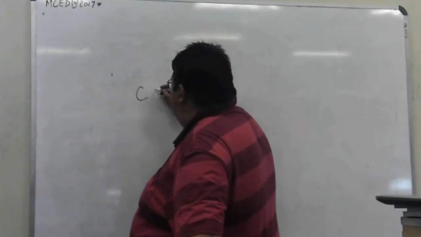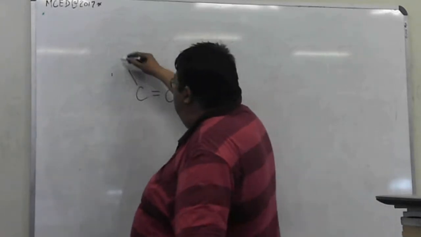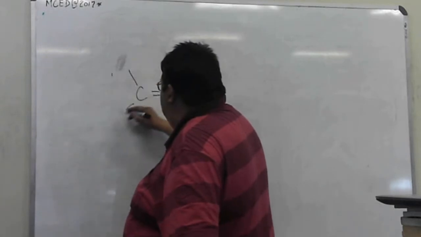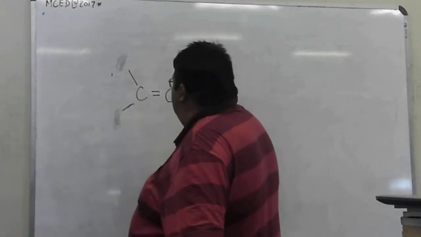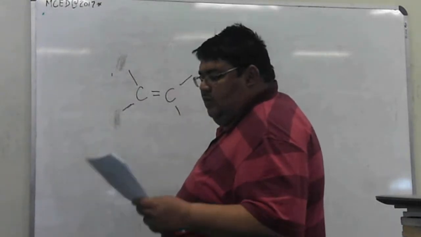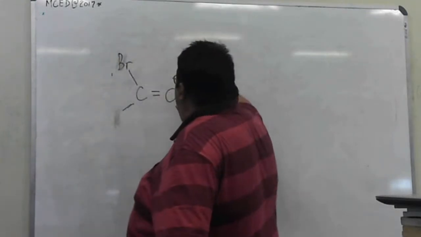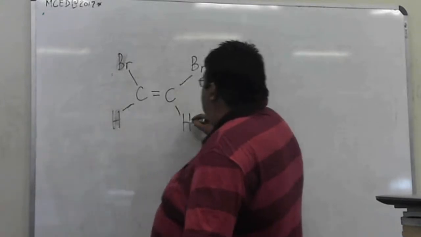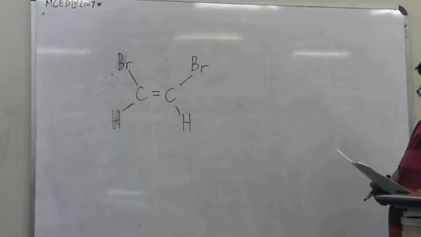So let's just draw the two carbons, double bond because of the ethene. And let's just, 2 bonds can form still. And let's put in our dibromo. And our bromos is on number 1 and on number 2. And the others have to be H's. And that is 1,2-dibromoethene.